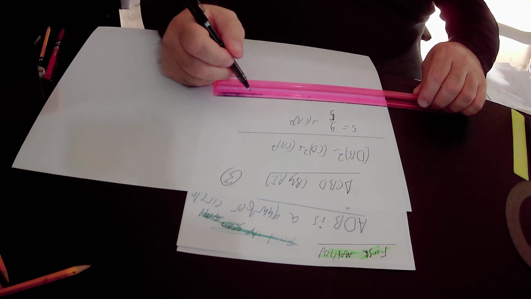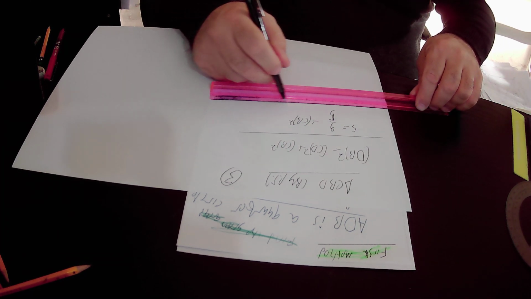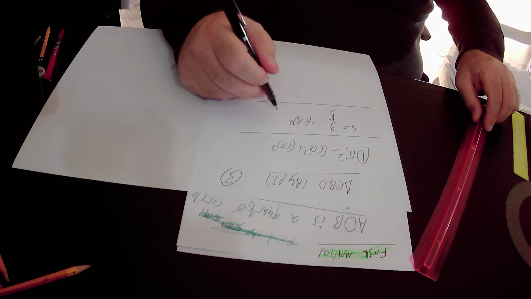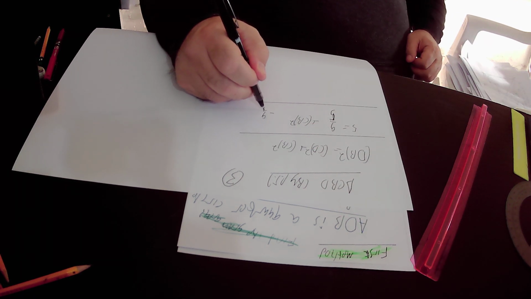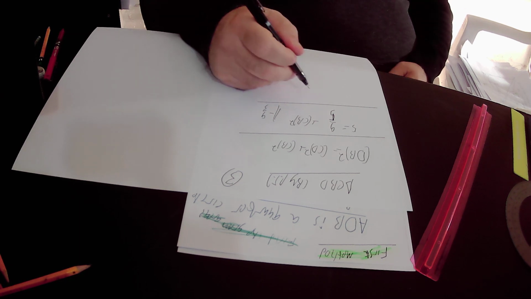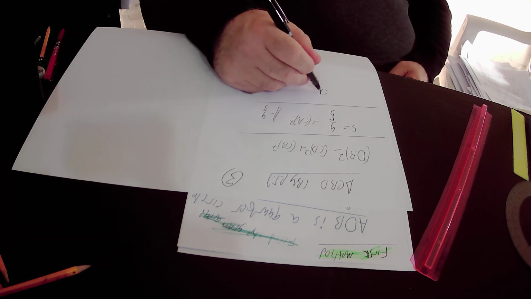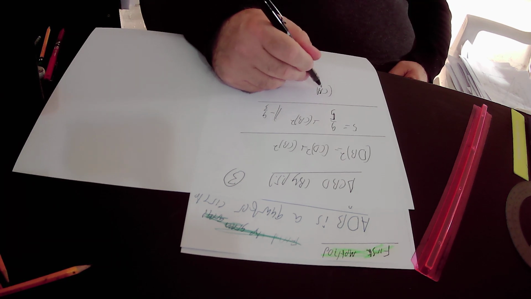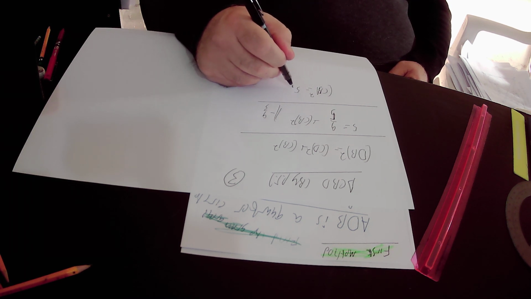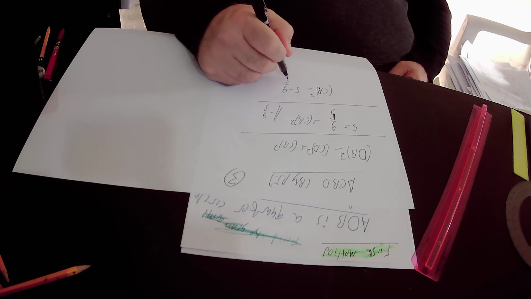So we have 5 equals 9/5 plus CB squared. We subtract 9/5 from this equation and we get that CB squared equals 5 minus 9/5.